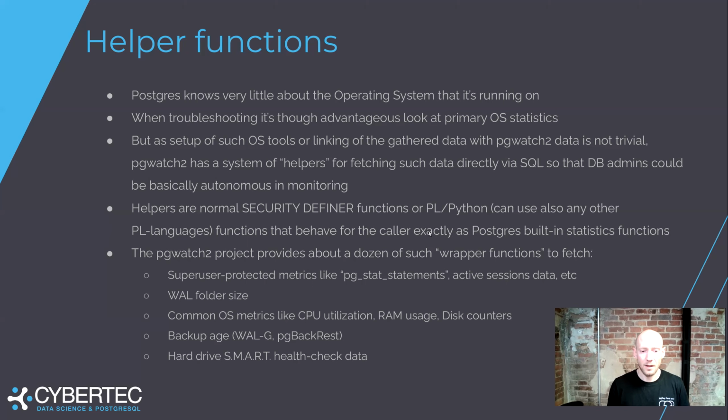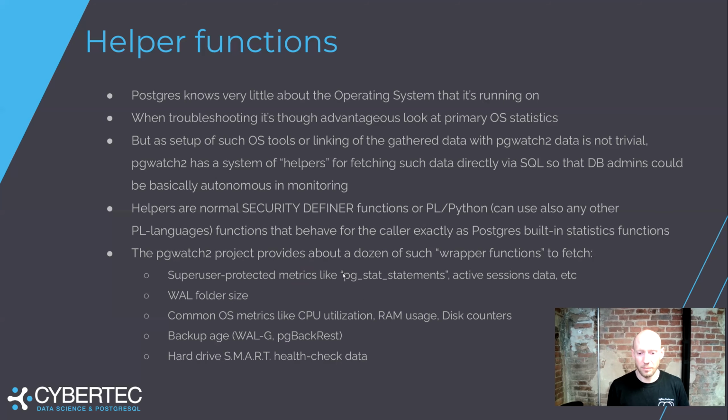This is what we do out of the box, or we assume that you would want some of those helpers. Especially when you're using an unprivileged monitoring user, even without the pg_monitor grant that is recommended from version 10 upwards, if you install those helpers, you will get much more metrics and a better overview.